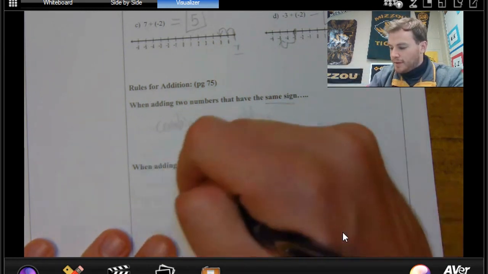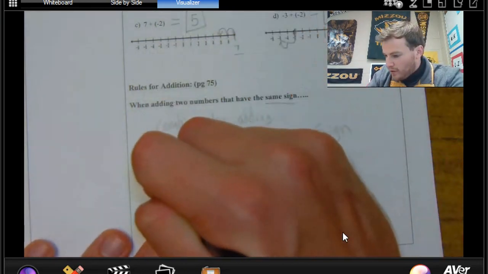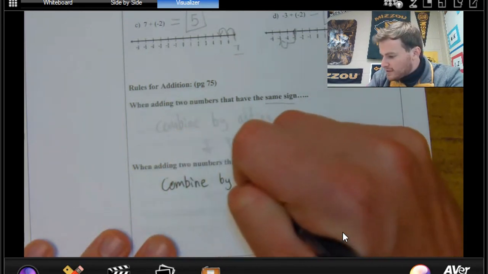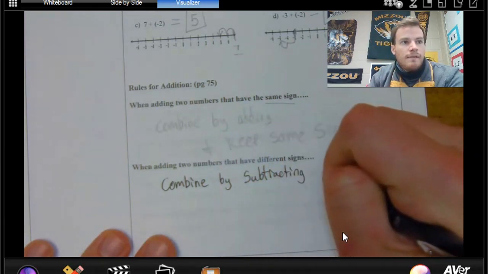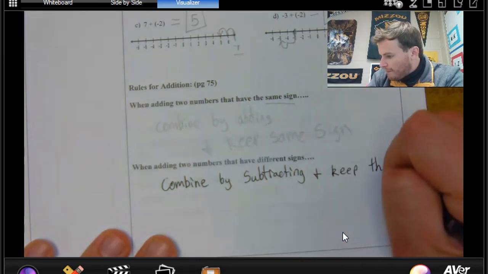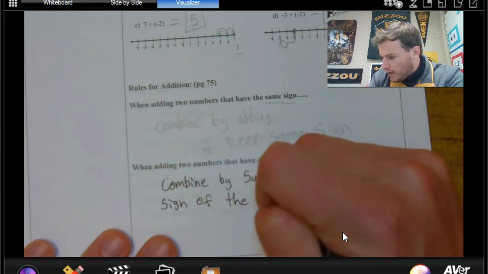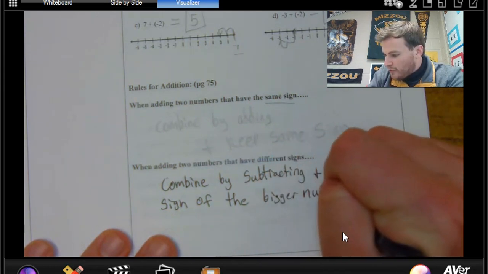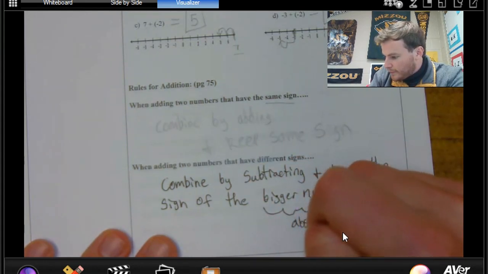Let's write down the definition first: you combine by subtracting, and you keep the sign of the bigger number, and it's bigger in terms of its absolute value.